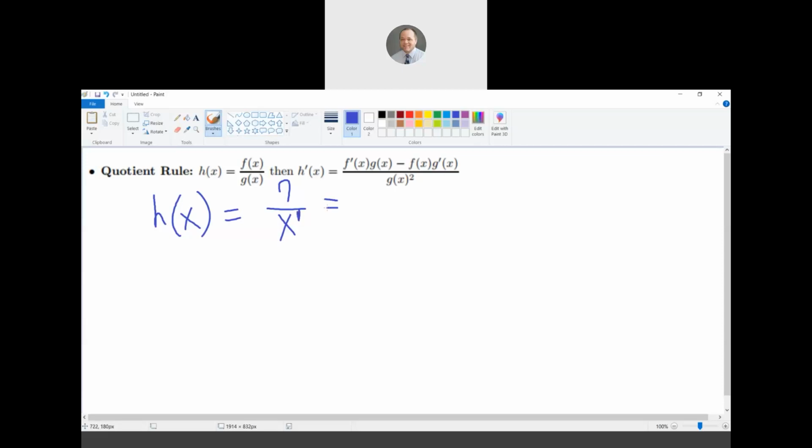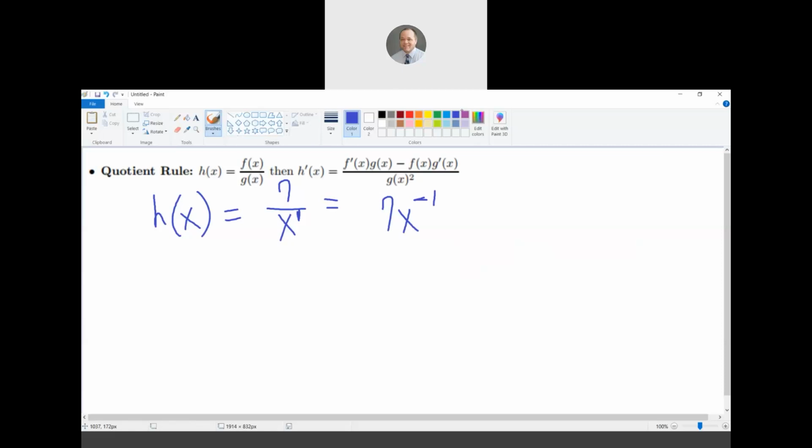We can rewrite our problem using a negative exponent or reciprocal. 7 over x to the first power is the same thing as 7x to the negative first power. You can use the power rule a lot easier than the quotient rule.